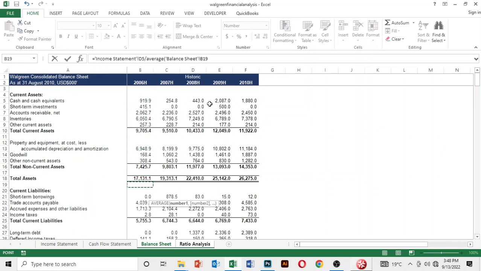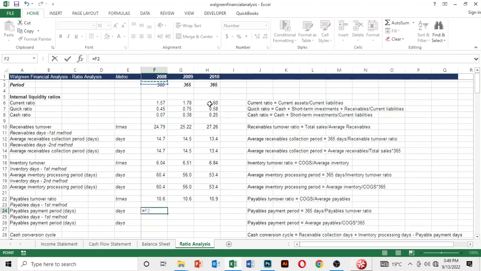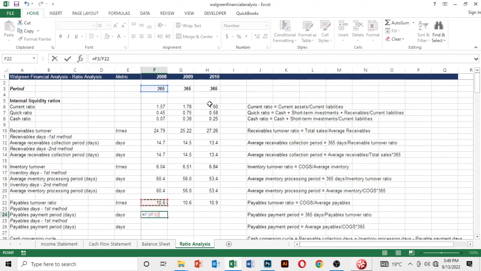So we look at trade accounts payable, right? Just like that, and that's it. And then we calculate the days that we take, and just like that.